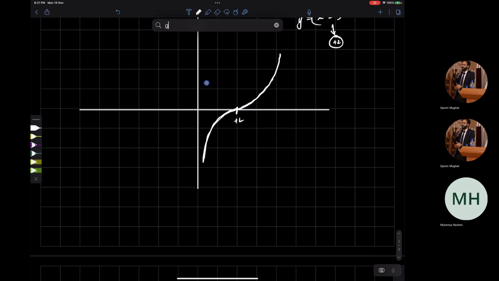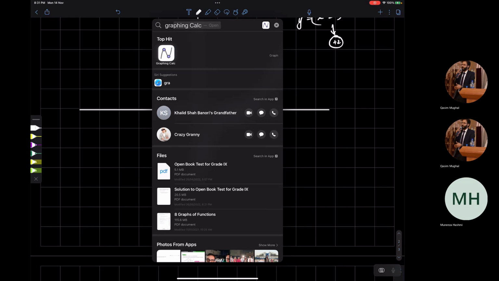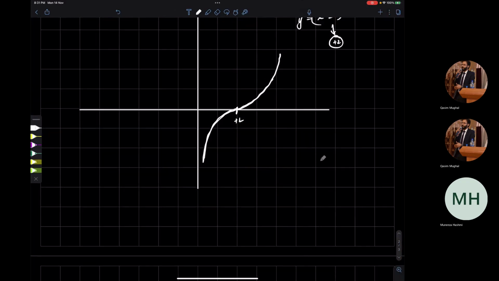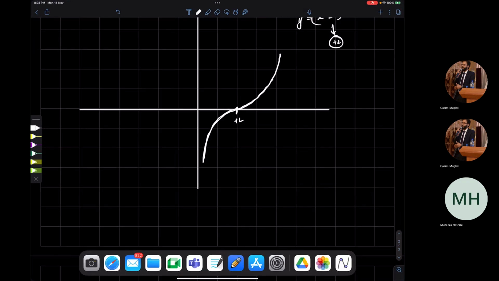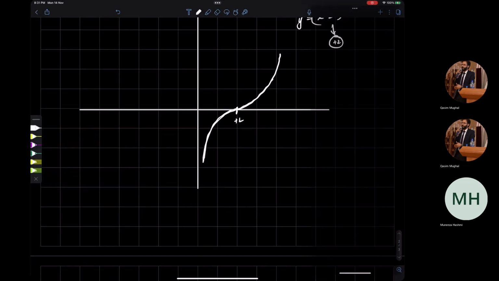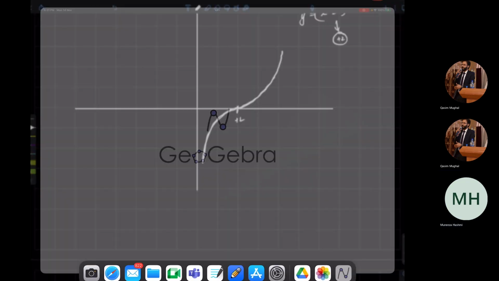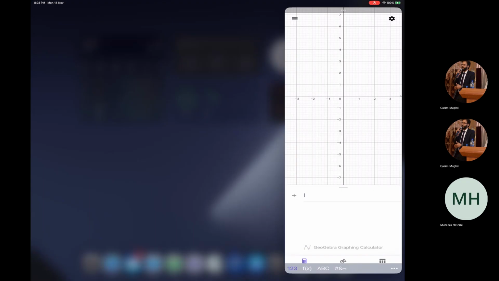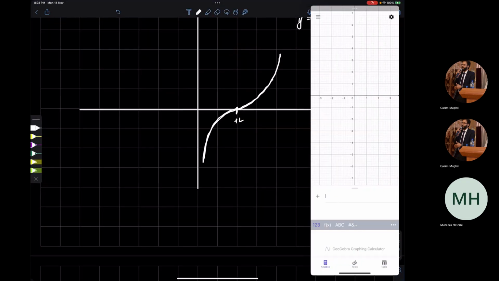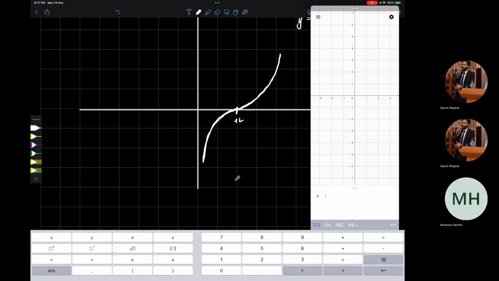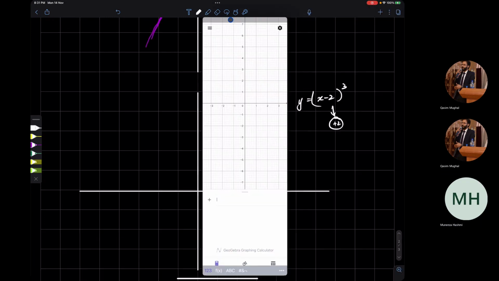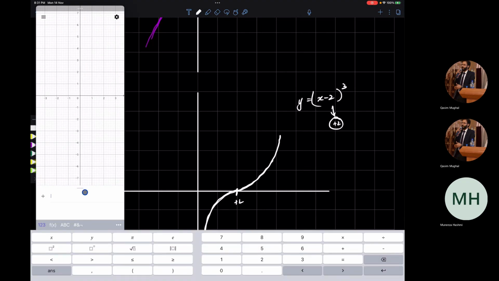on graphing software. Okay, so if I try drawing the graph for this one, which was (x minus 2) whole cubed, so x minus 2 and the whole power of 3.